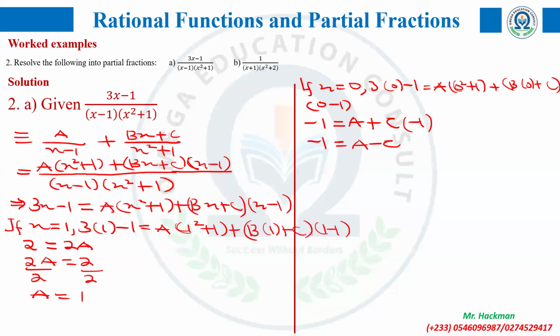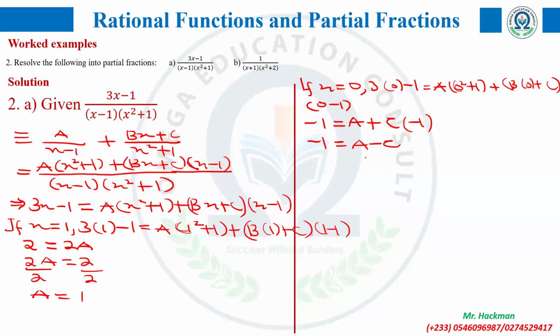Okay, so now you can see that usually when you carry out your substitution, I should say the cover up method, if you are covering up B, B will go, you get your A straight away, and the other one too. But here, your equation contains two unknowns, but thankfully, A is known.